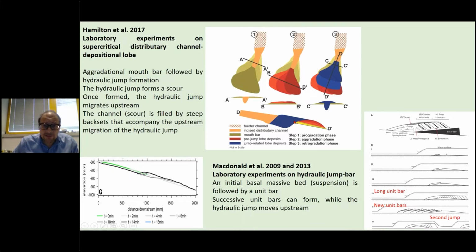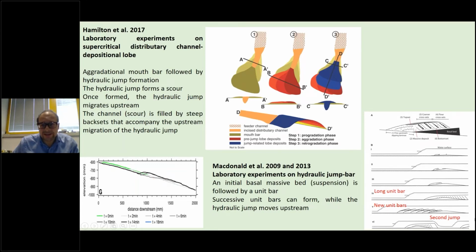I think that this scour is maybe what we see in our data, the plunge pool, and you see that the plunge pool is then infilled by this backset of strata.